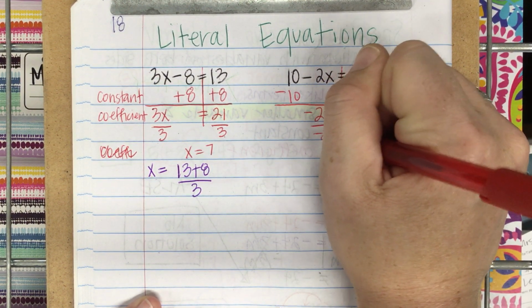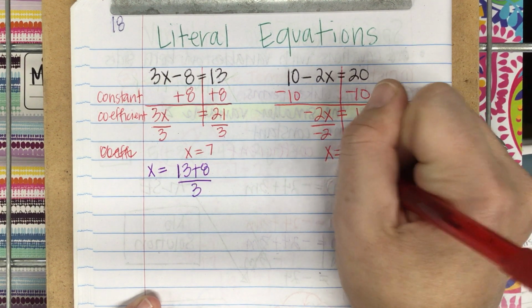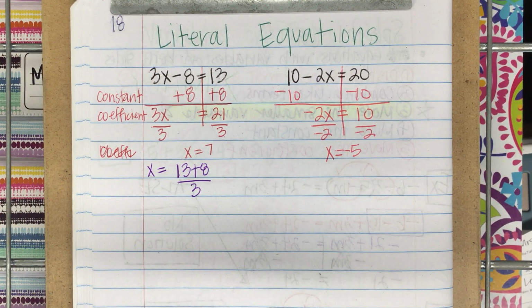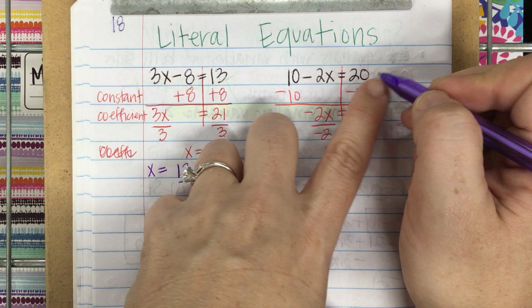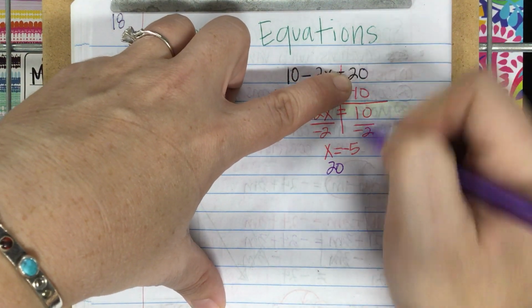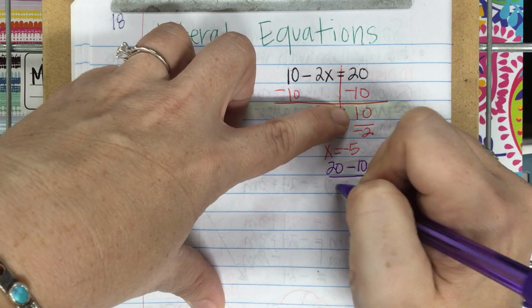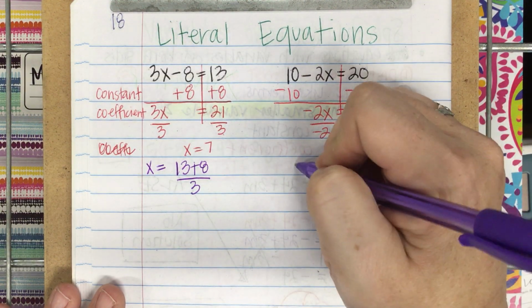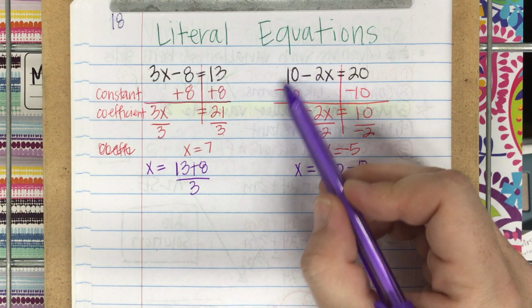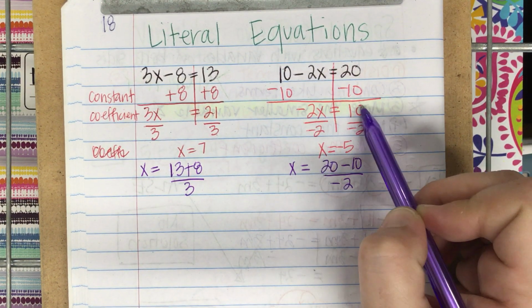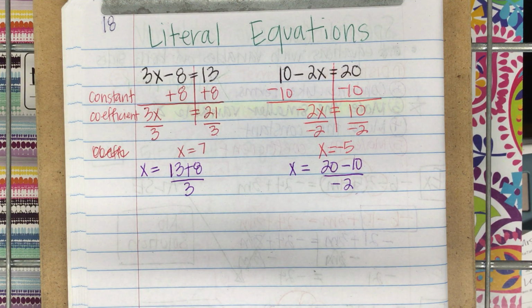And then you'd divide by negative 2, and you'd get x equals negative 5, right? Most of you in your heads, without writing out the steps, knew that x was going to equal 20 minus 10, and then divided by negative 2. Do you agree? Yes. We're still going to do that, except it's going to look different.